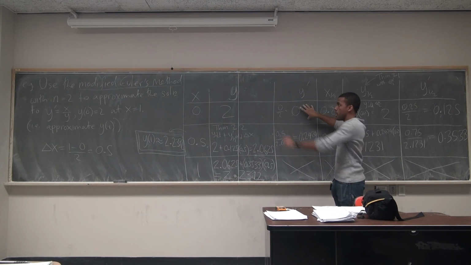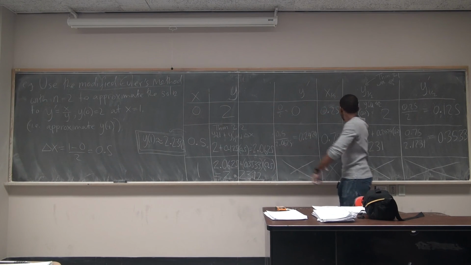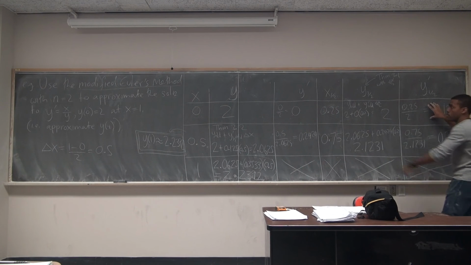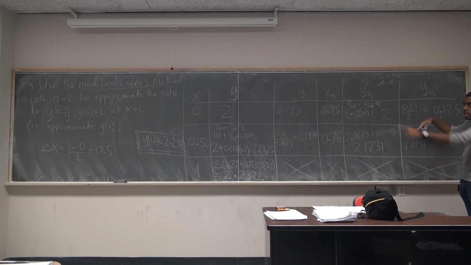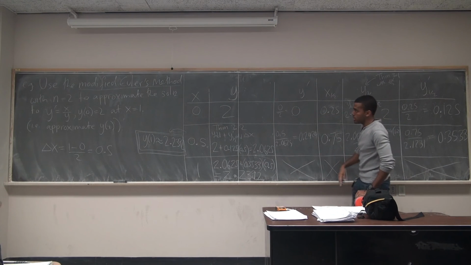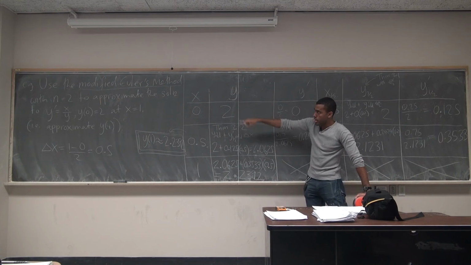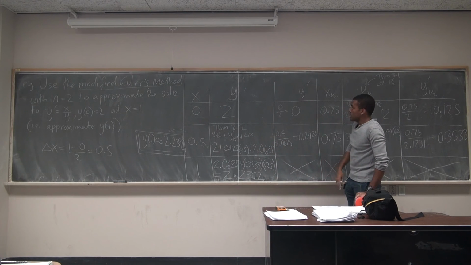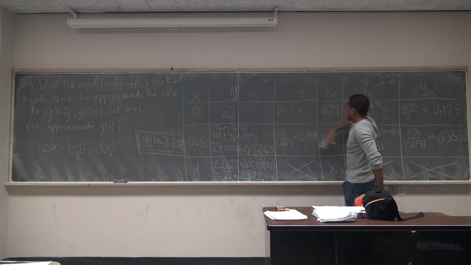For this y prime, I use that x and that y. For this y prime, I use this x and this y. But I keep plugging into the same given formula, x over y. So for my derivative columns, I'm always using the given formula and plugging in the corresponding x's and y's. That takes care of the x columns and the derivative columns.